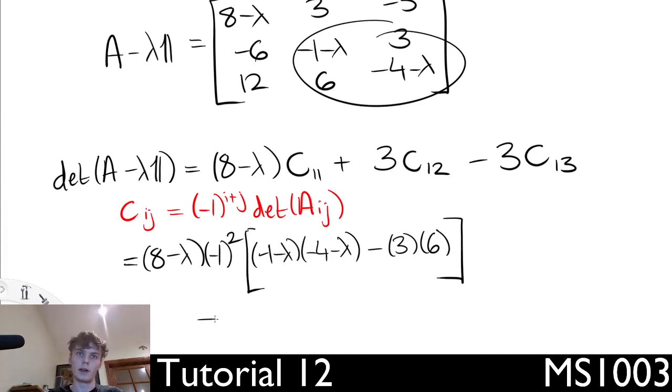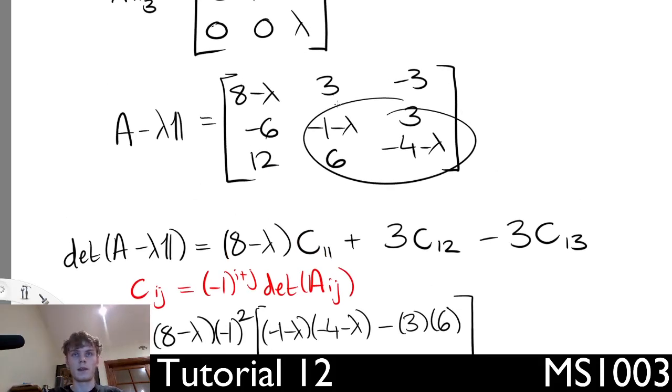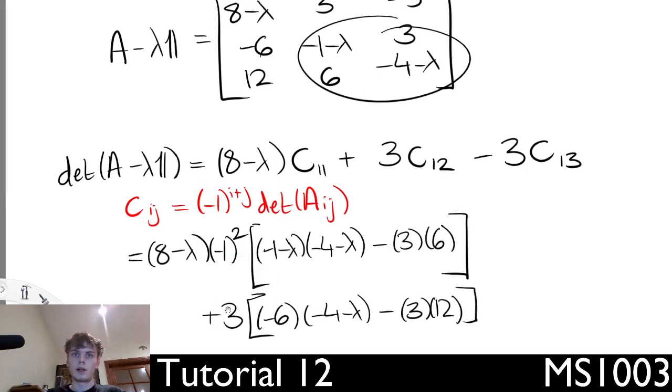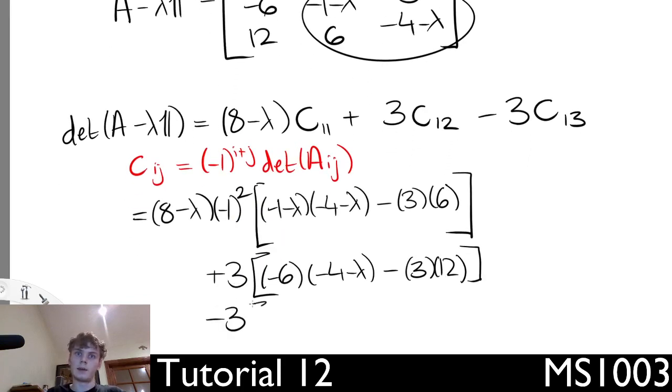Second guy here now, plus 3, square bracket. So now I want to delete this middle column and this top row, and take the determinant. That ends up being minus 6 times minus 4 minus lambda, minus 3 by 12. And the last guy, minus 3 times the cofactor expansion.